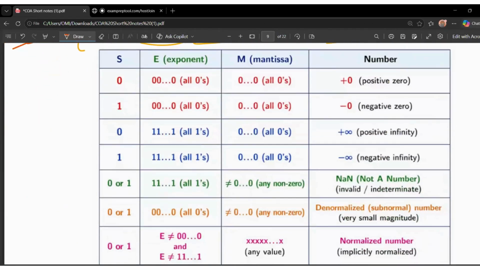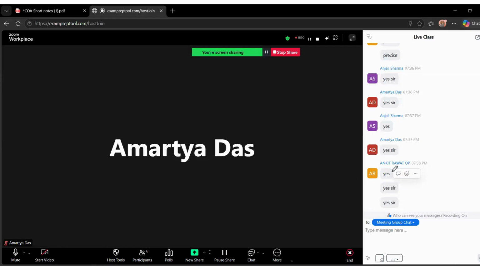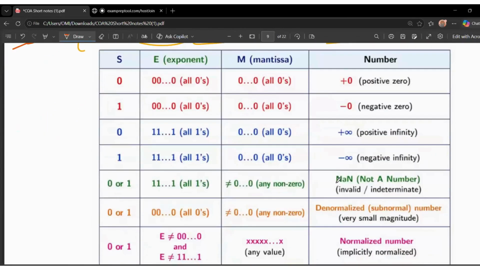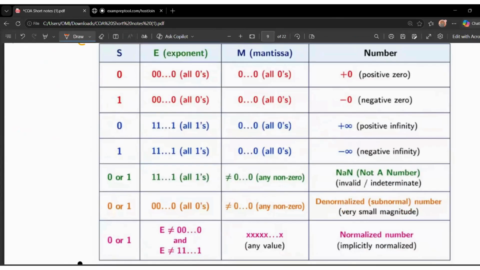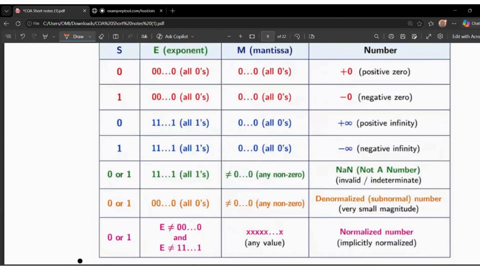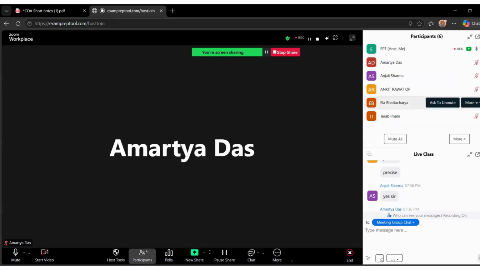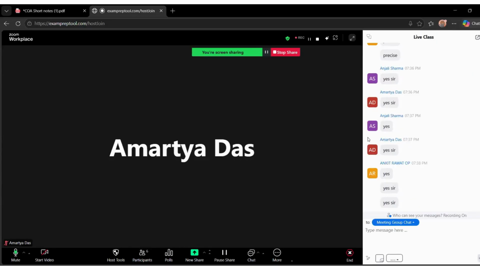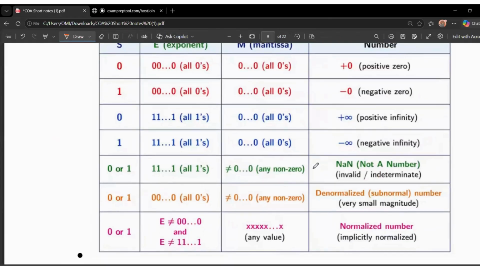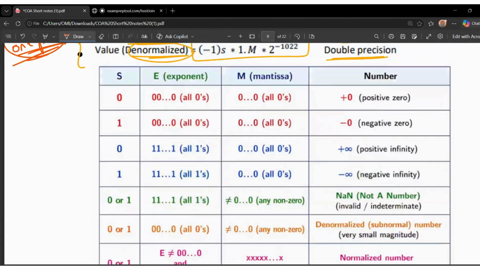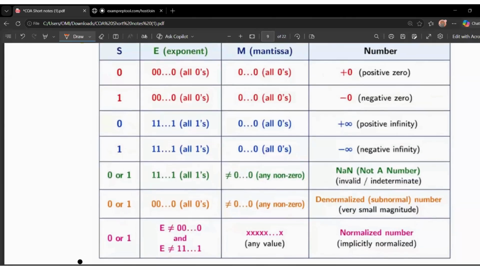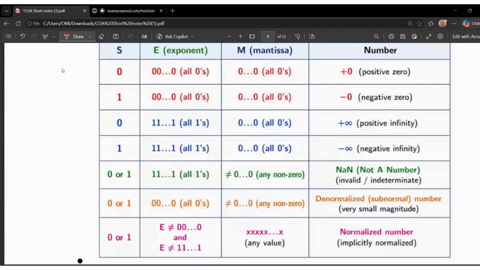So now, this table I told you to remember. I told you to stick it on your study table and look at it every day so that each field will be clear. This is the IEEE 754 table. Here, see how to represent plus zero.